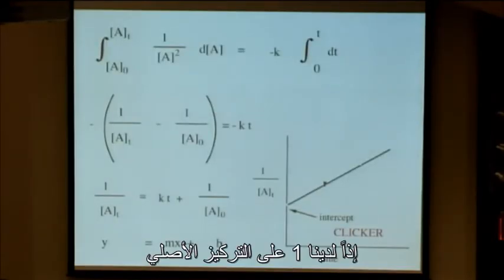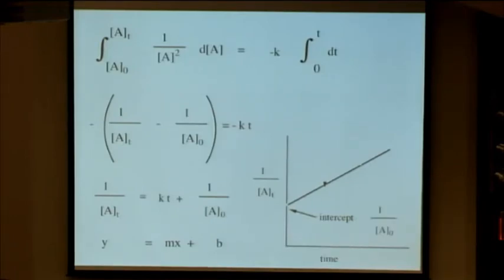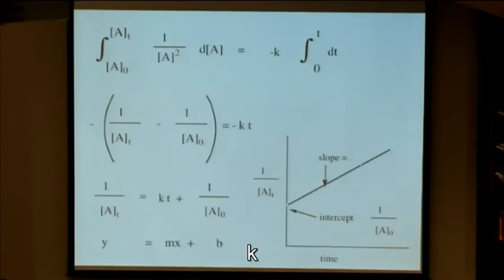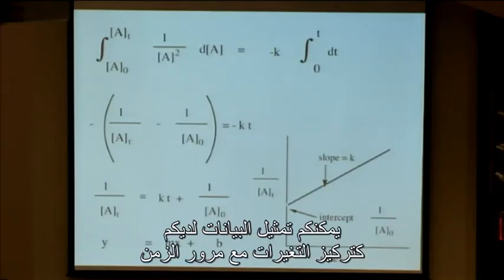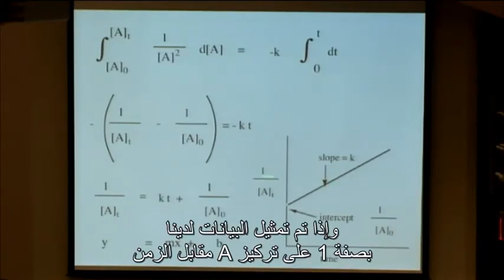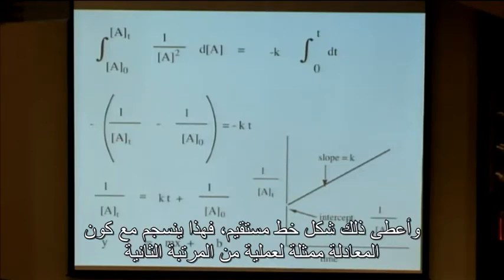So here we have 1 over the original concentration, and then our slope is equal to what here? K. So you can plot your data as your concentration of A changes with time. If it's plotted as 1 over the concentration of A versus time, and it gives you a straight line, that's consistent with it being a second order process.